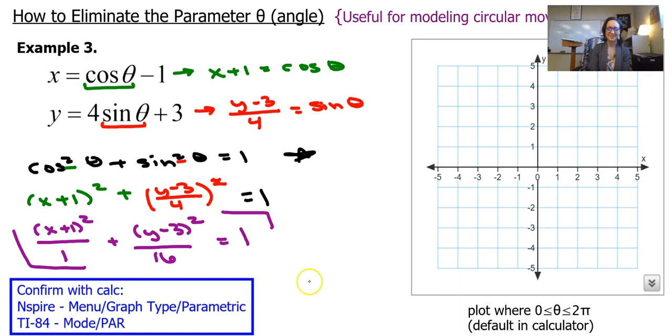What do we think the shape is here? So this is an ellipse, right? You're adding, as everything's equal to 1. Your major axis is vertical because the denominator under your y terms is larger than what we have under the x's. So let's go ahead and put this in Desmos and see if we agree with the graph.